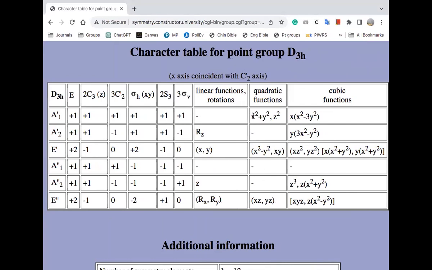The x squared plus y squared element will transform according to A1 prime. So this combination does not belong to this representation. So that's why in this Raman tensor it is 0. Is that okay? Any questions?